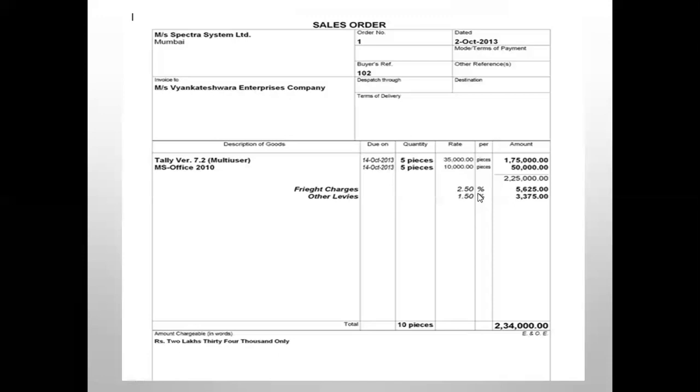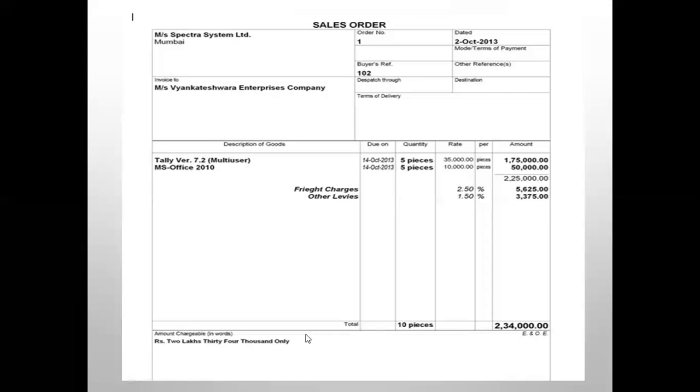For discount also, if you specify the percentage, or if you have the calculated amount directly, you can specify it here. So just give the percentage and the calculation will be done. GST also, the slab percentage depends on what type of goods you are dealing in. According to that, the slab percentage will be specified, and that amount will be calculated and added to the grand total.